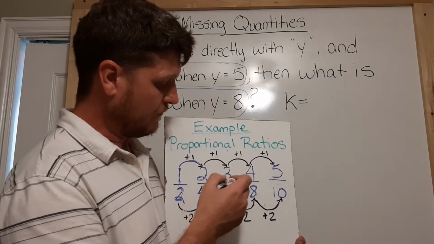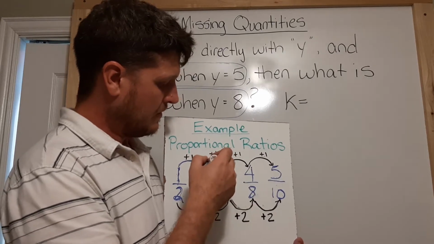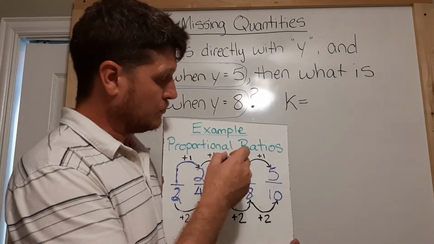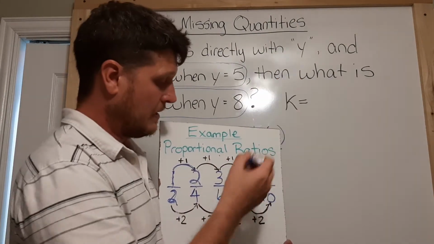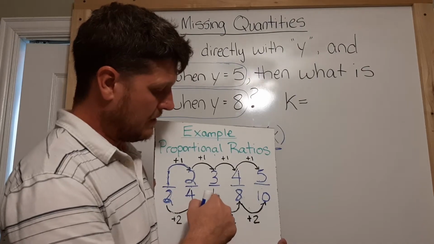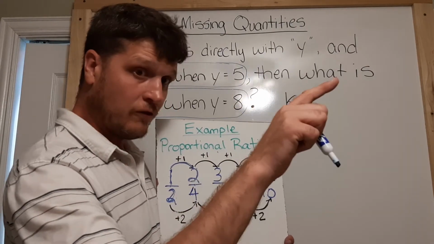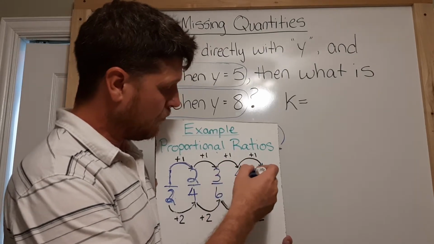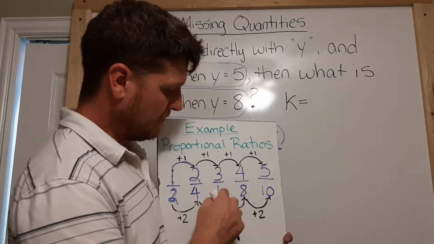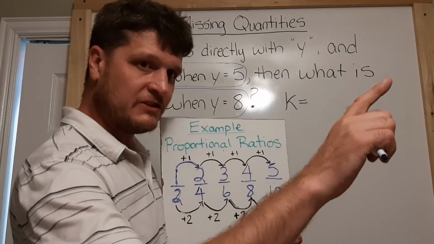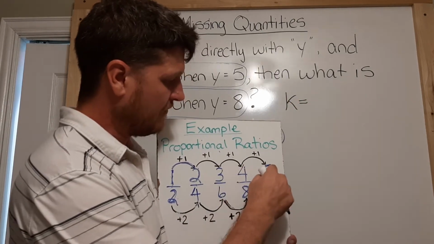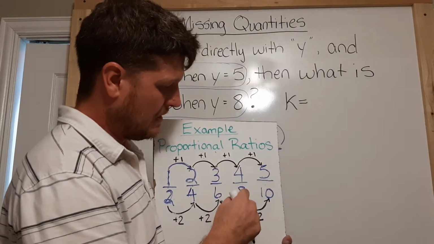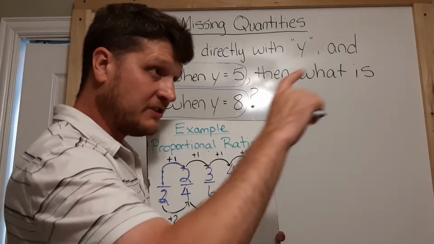Going from 2/4 to 3/6, the numerator goes 1 space up and positively 2 spaces over. From 3 to 4 is 1 space up, from 6 to 8 is 2 spaces over. From 4 to 5 is 1 space up, from 8 to 10 is 2 spaces to the right.